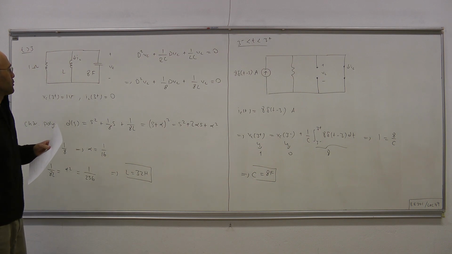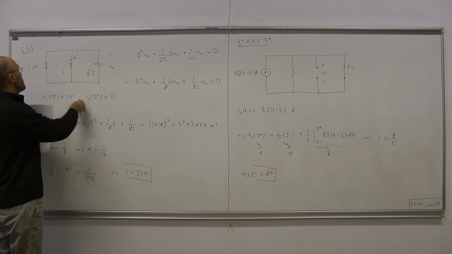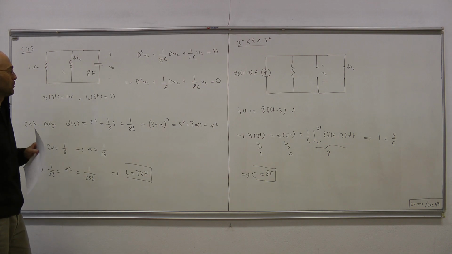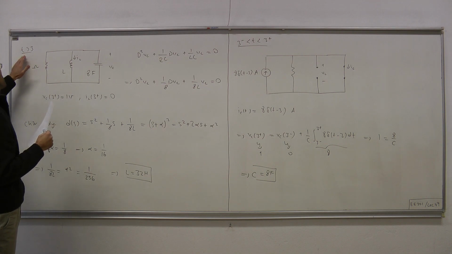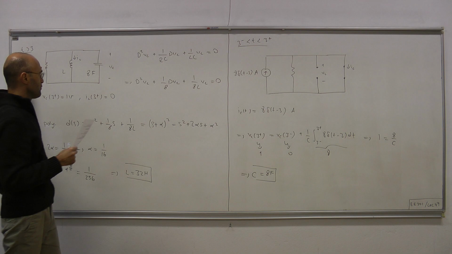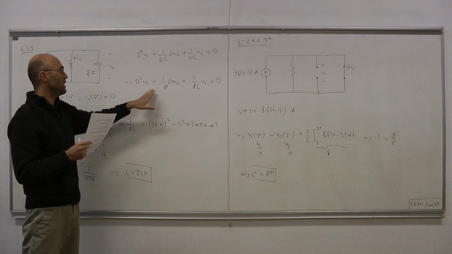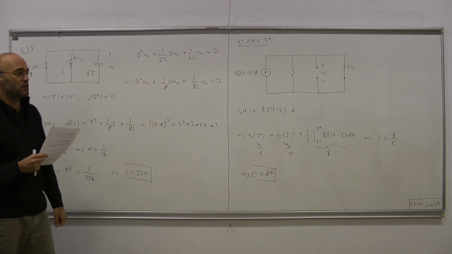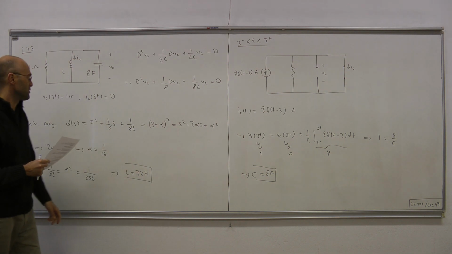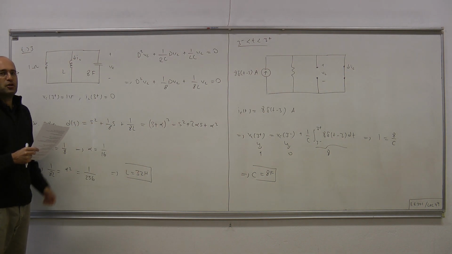Okay, now what remains is to figure out Vc for t greater than or equal to 3. For that, we have everything we need. We have the differential equation, or we have the natural frequencies, and also we have the initial conditions.